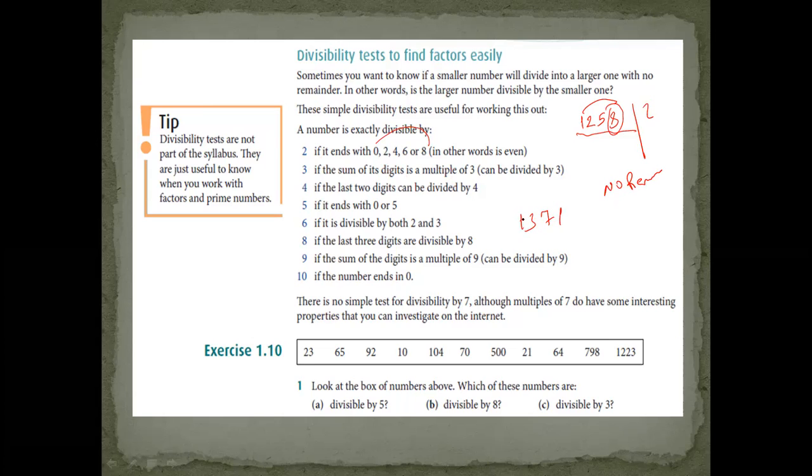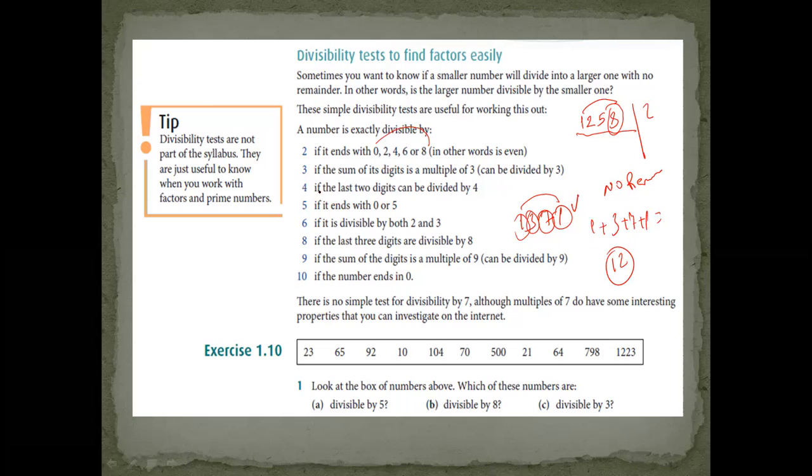How can you know if it's divisible by 3 without remainder? We should separate the digits of this number. 1 plus 3 plus 7 plus 1 is equal to 12. 12 is a multiple of 3, 4 times 3 is 12. That's why this number is divisible by 3 without remainder.